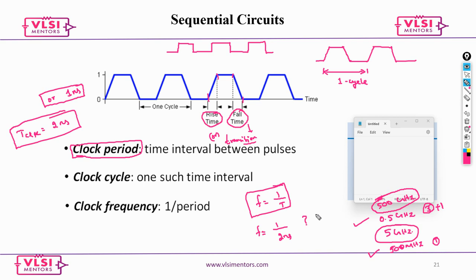I'll wait for one more minute before I start solving this. 500 megahertz. Okay, plus one. Next. Don't follow the crowd. There is no guarantee that the crowd is always correct, and I might pull you to answer how you solved it as well. So follow your answer even if it is wrong.